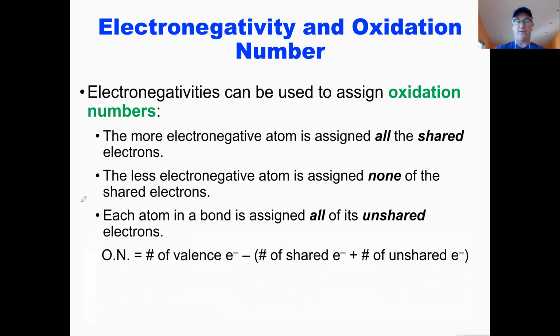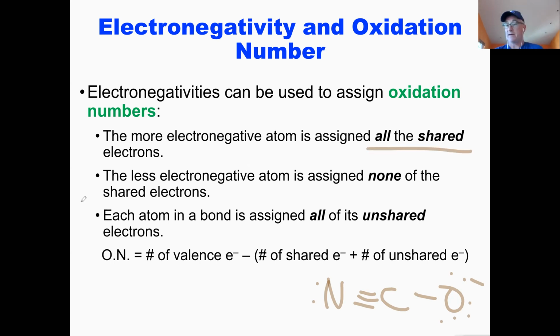So, for instance, I'll go back to that example. So the more electronegative atom is assigned all the shared electrons, not just some, all of them. And the less electronegative atom gets none. So basically, that means they're not playing nice.